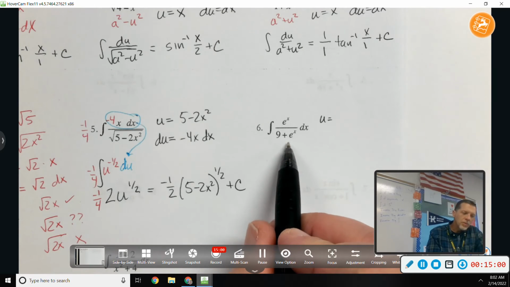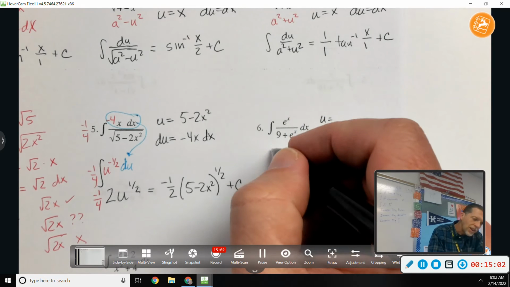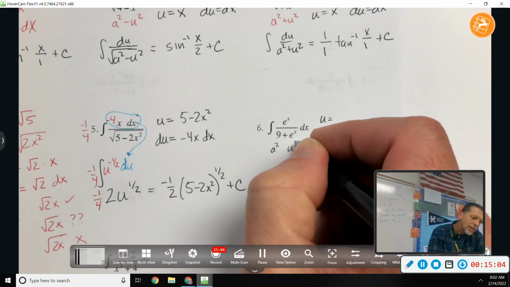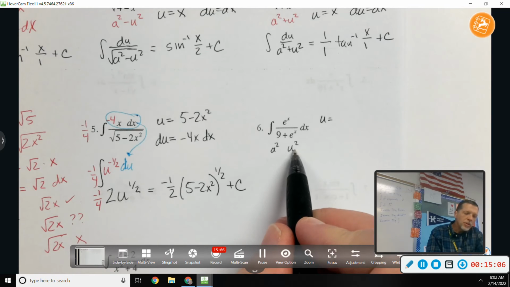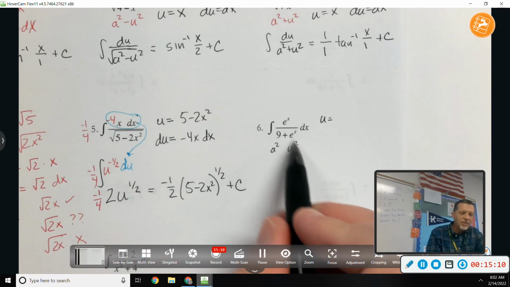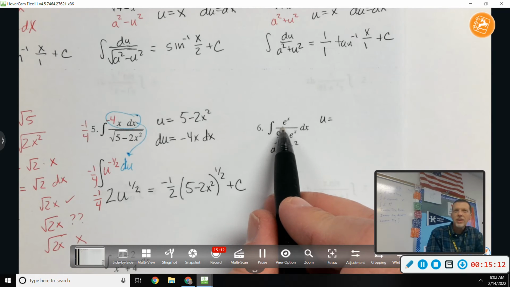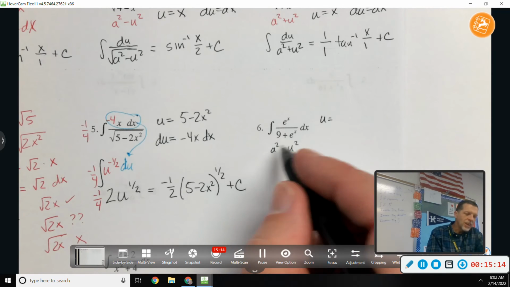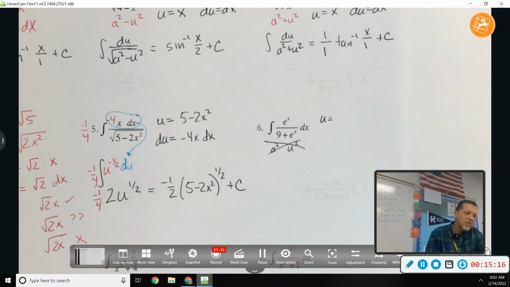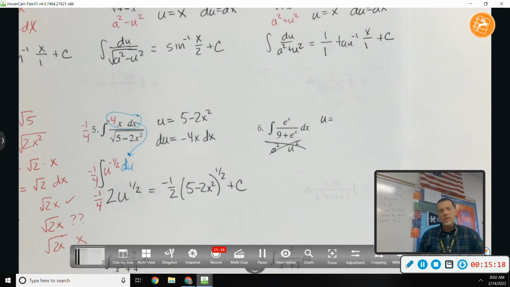It looks a little bit like inverse tangent because that's a nice a squared. u then would be e to the x over 2, and then du would not match the top. So I don't think inverse tangent is going to work because the derivative doesn't work. So good thought. Didn't work, but good idea.